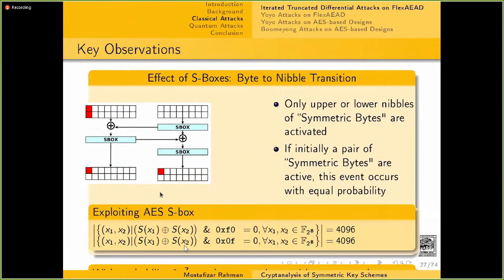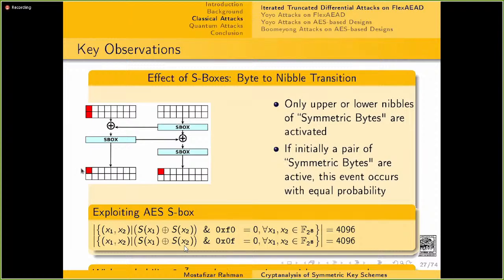The next observation is regarding the AES box. If there is an active byte, it will essentially activate these two bytes, but the activeness of this byte will remain in the upper nibble or lower nibble with probability 2 to the minus 4.